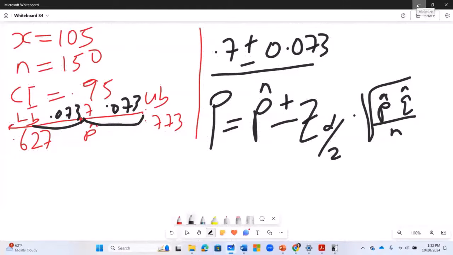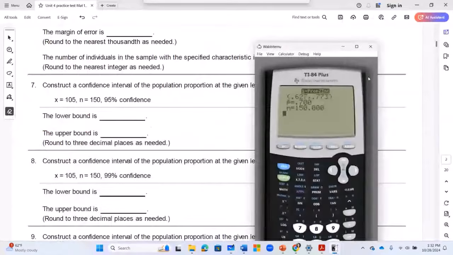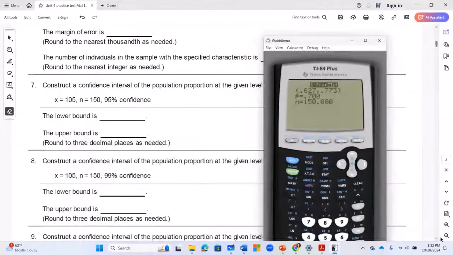So let's do another example. We're going to do one more example. Let's go to number 8.